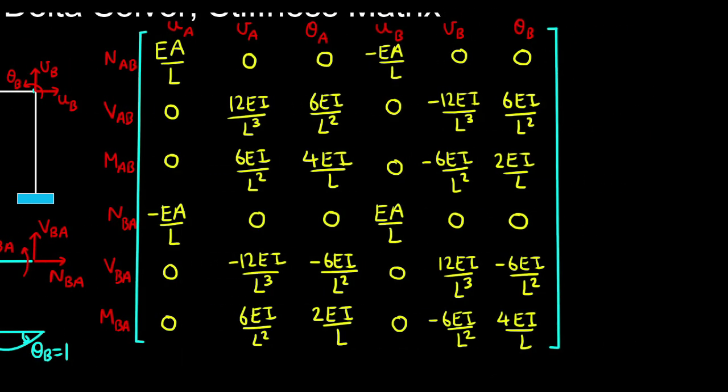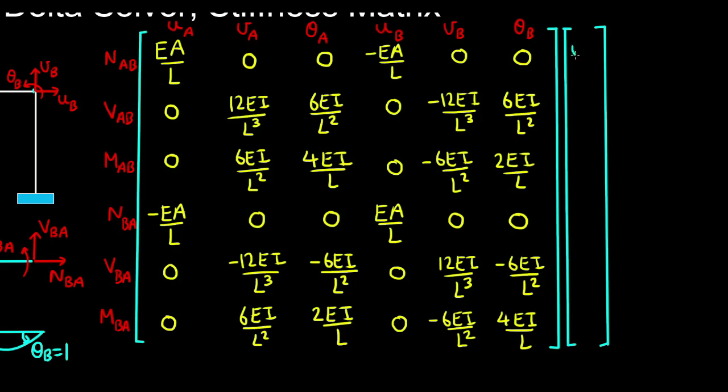So essentially, we have the element stiffness matrix multiplied by the displacement vector. So we have the axial and lateral displacements and rotation at A, and the axial and lateral displacements and rotation at B is equal to the internal forces of the element.